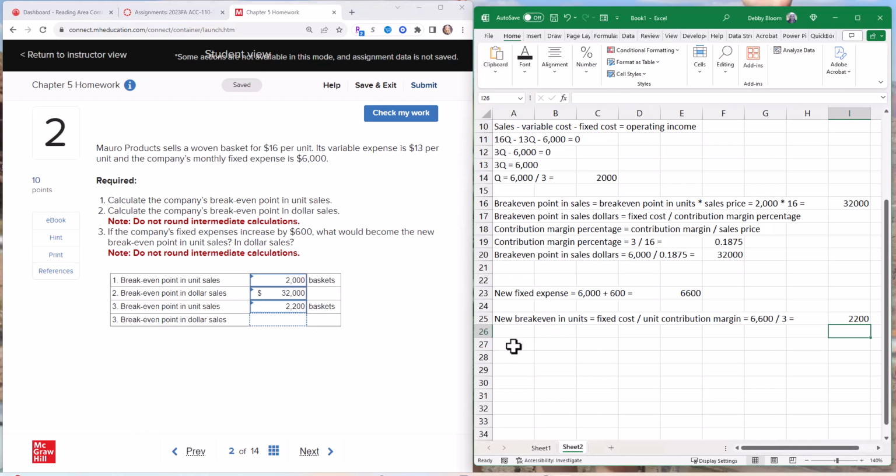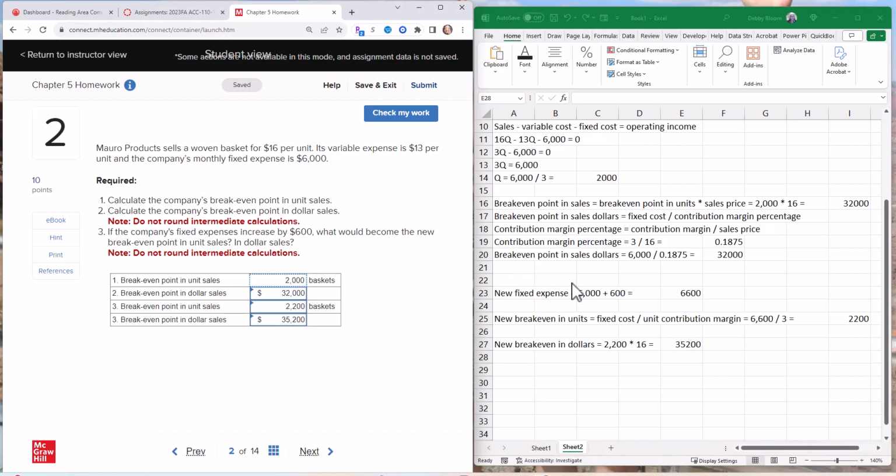Now again, for the new break-even point in sales dollars, we can either take 2,200 and multiply it by 16, which would be the easiest way to get to it. That's $35,200.